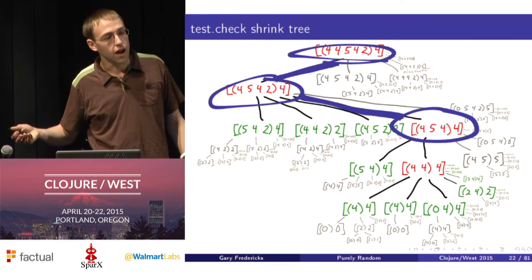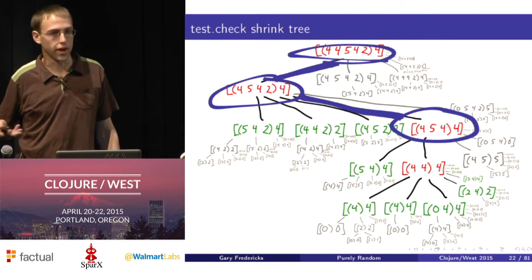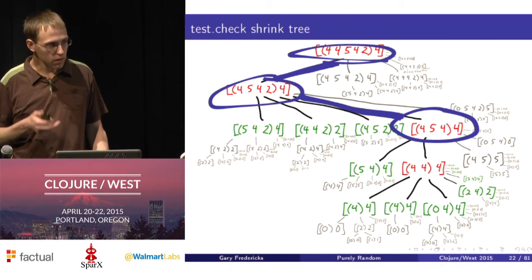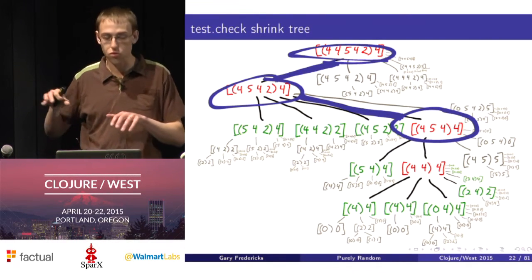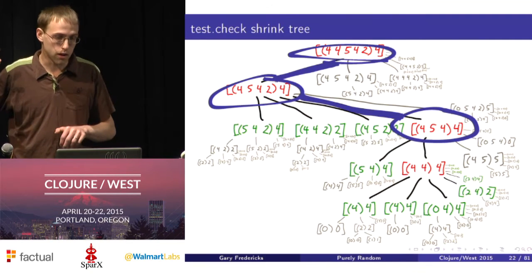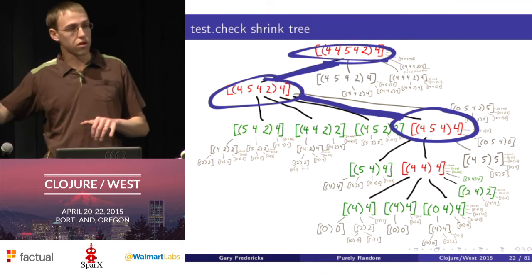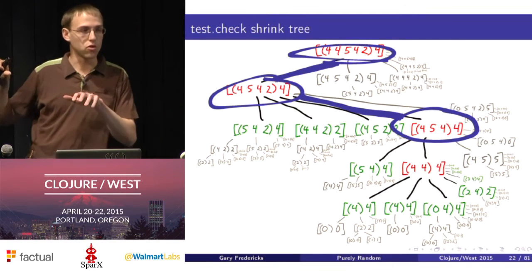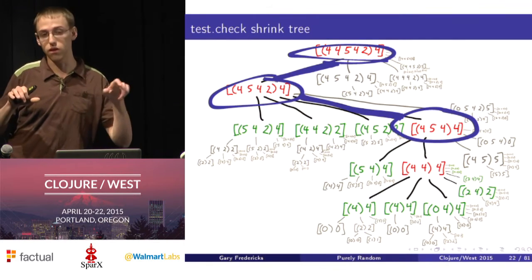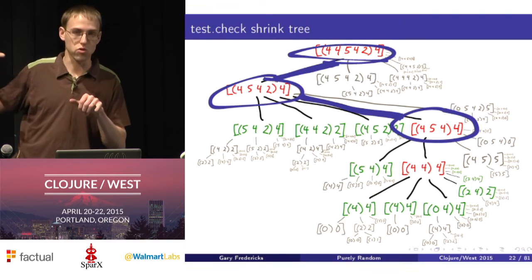But in fact, a complex enough generator actually uses randomness as it's shrinking. This is any generator that proceeds in at least two phases. So ours has two phases. We first generate the list of numbers, and then we use that list to select a random number from the list. So you can shrink that in two ways. You can select an earlier number from the list, or you can shrink the original list.